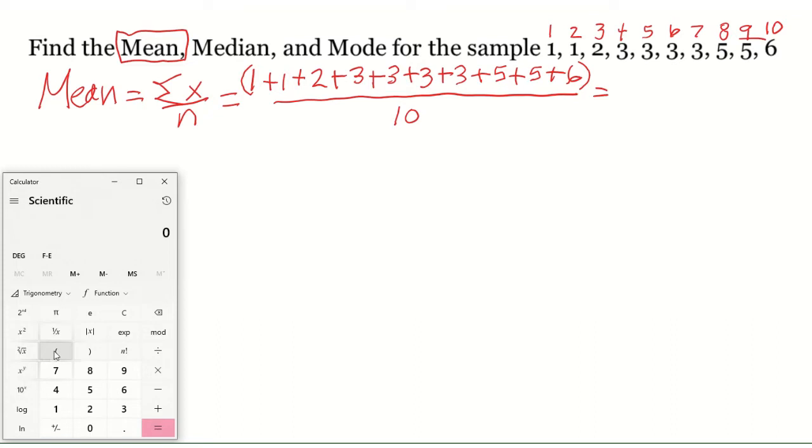We're going to go parentheses 1 plus 1 plus 2 plus 3 plus 3 plus 3 plus 3 plus 5 plus 5 plus 6.